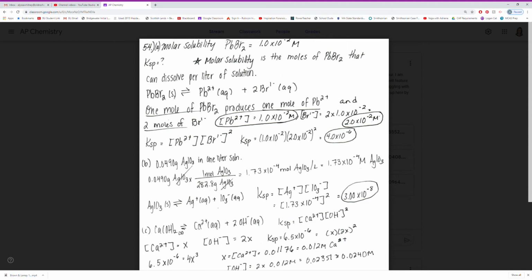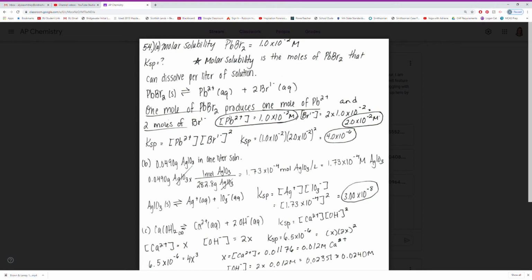PbBr2 is our solid, so it would not be in our Ksp expression, but Pb2+ and Br- will be in our equilibrium expression. The next thing you need to notice is that 1 mole of PbBr2 is going to produce 1 mole of Pb2+, but 2 moles of Br1- because of that balanced chemical equation.